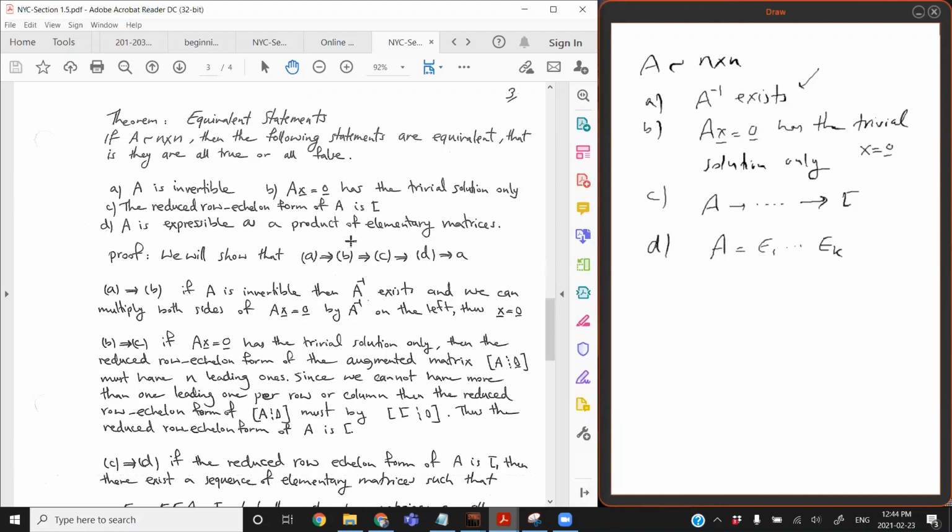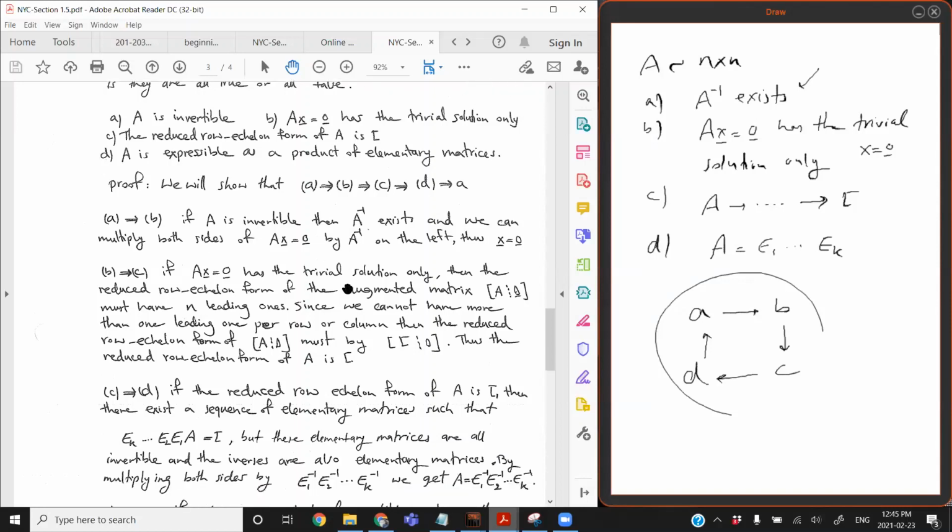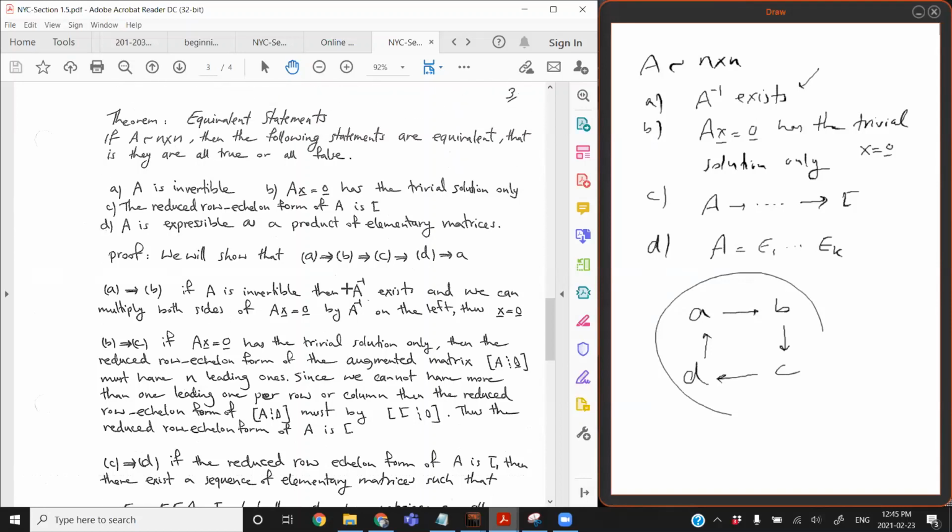So in order to prove this, we can show that A implies B, and then B implies C, and C implies D, and D implies A. That would make them all equivalent, because then A implies C, and C implies A, and C implies D, and D also implies C. That would make all of them equivalent statements. Are we good? Do you understand the theorem?